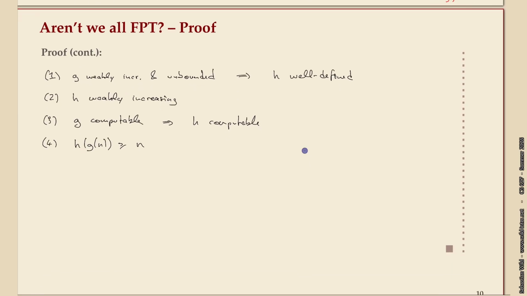And so now the rest is just putting things together. The time to decide whether any string in our alphabet star is in the language L. Remember, this is what we're talking about.